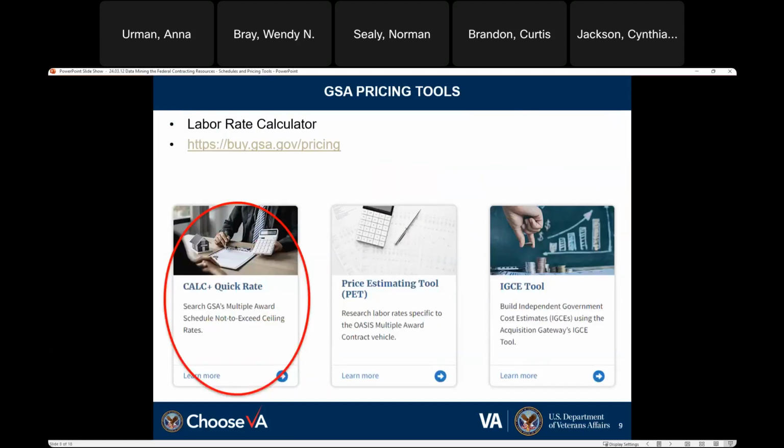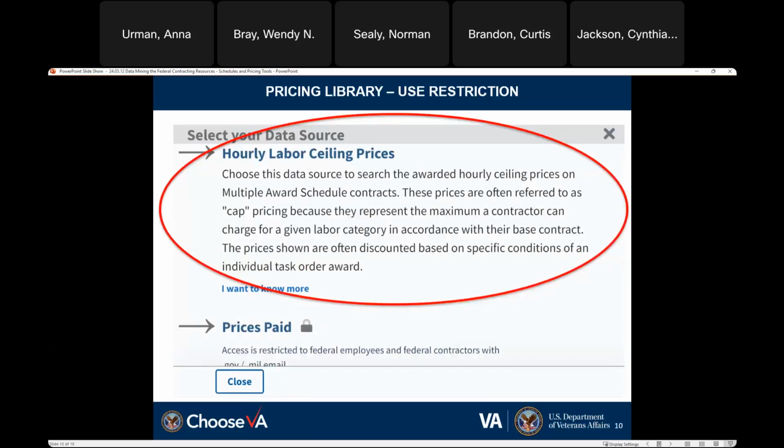And the last tool that I wanted to highlight, and we will spend some time on it, is the labor rate calculator. Now, what the labor rate calculator enables you to do is exactly that, is you'll be able to see the hourly labor rates that vendors have cited in their GSA contracts.